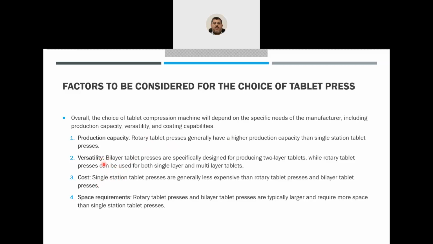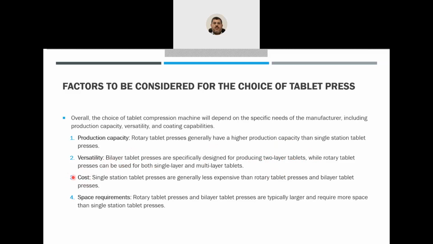And then versatility, bilayer tablet processes are specifically designed so they can be produced for different applications. So maybe if you have in mind to produce two-layer tablets, bilayer tablets, then you can buy the machine suitable for them. When it comes to cost, it depends also.